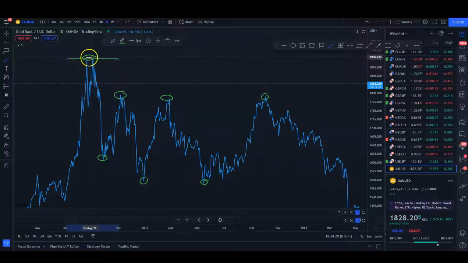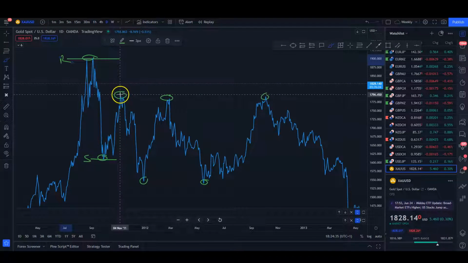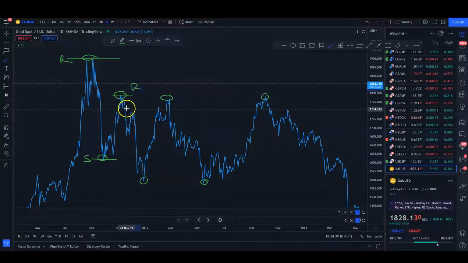We've got a resistance point here because price dropped straight back off. Then it comes to this point, is held here and bounces off. So this would clearly be support, this would be resistance, and then it comes up to here. We've now clearly got a new resistance level, price drops off, we've got a new support, and hopefully you can see that.